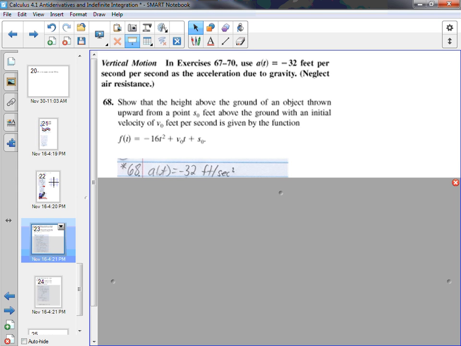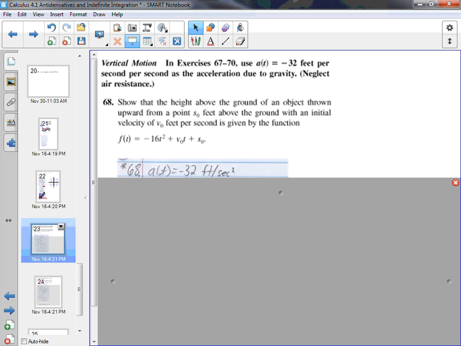All right, on number 68, it says use acceleration equals negative 32 feet per second per second. Quite often you see that as feet per second squared, as the acceleration due to gravity. We're going to neglect air resistance, which is very convenient.